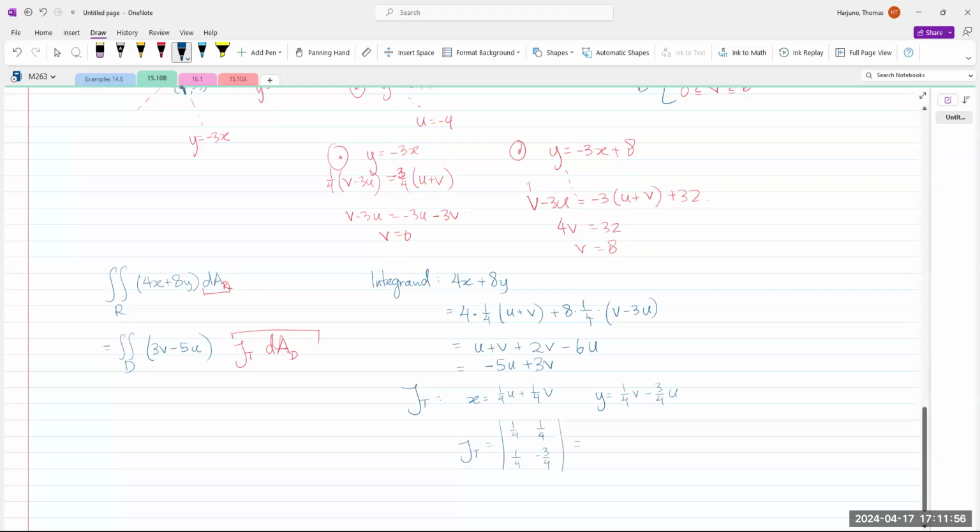That will be negative 3 over 16 minus 1 over 16, that's negative 4 over 16, that's negative 1 over 4. By the way, the one I insert is actually the absolute value of the Jacobian. So the absolute value of the Jacobian of T is 1/4, and that's what I will put in here.